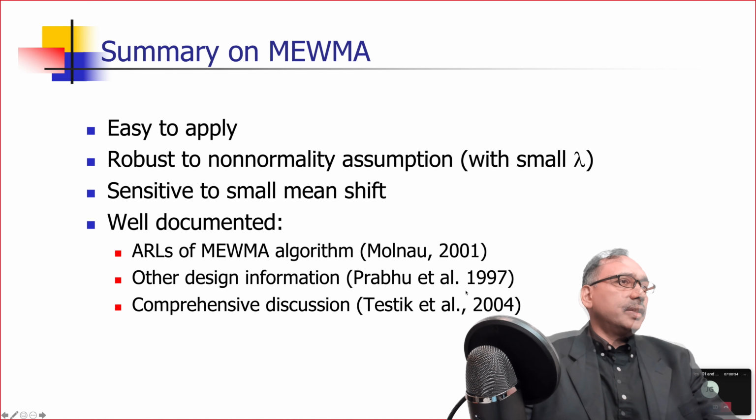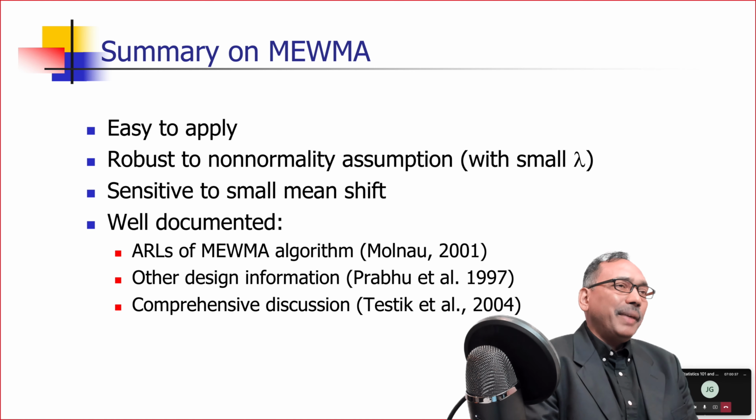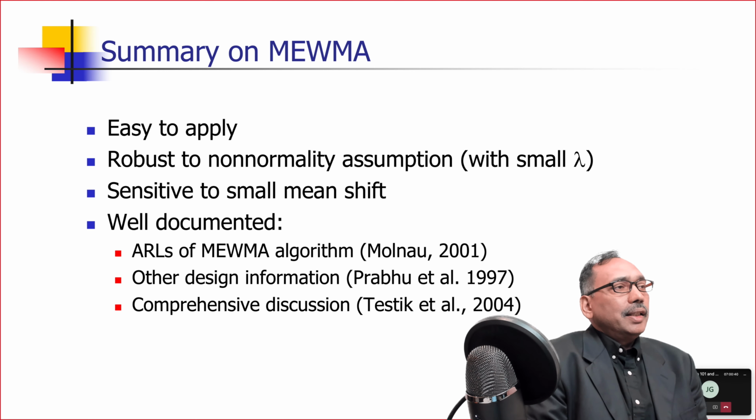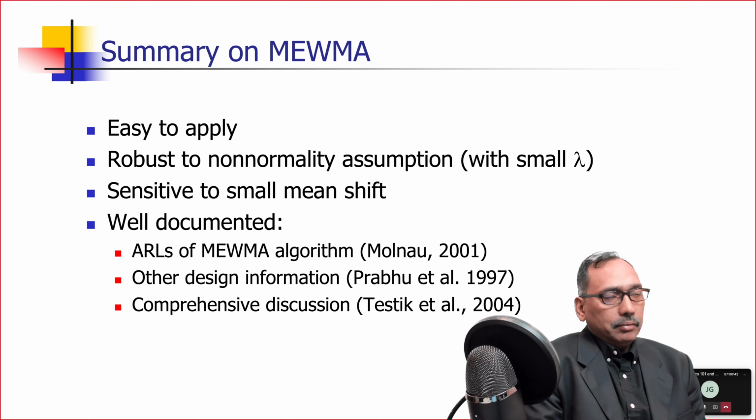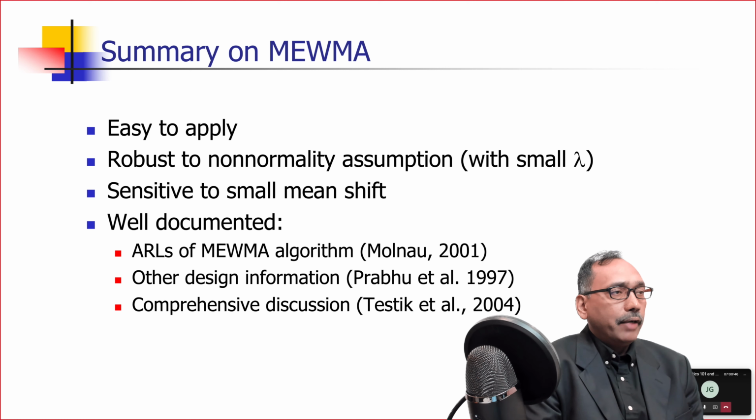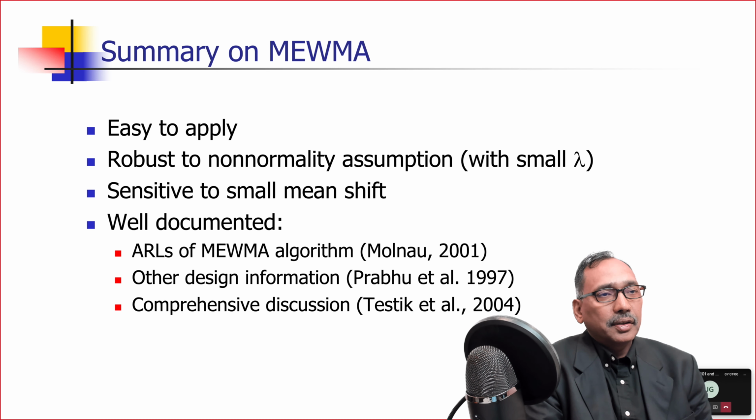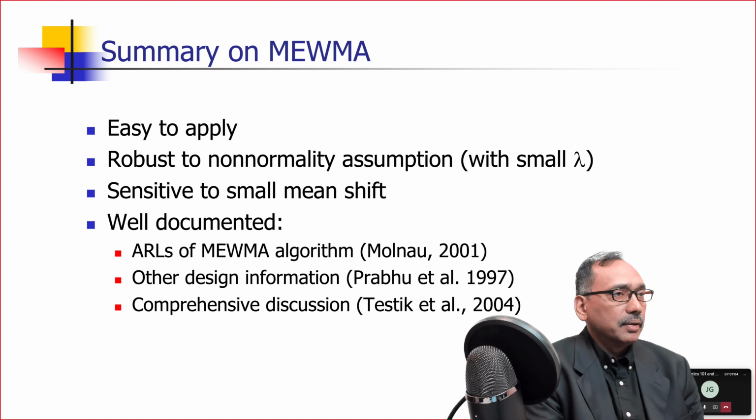So to summarize, MEWMA is easy to apply. Especially nowadays with the computing power that we have, we don't need to do all the calculations by hand. So once we arrive at the control limits, it's easy to monitor. It is robust to the non-normality assumption, especially when your lambda is smaller.